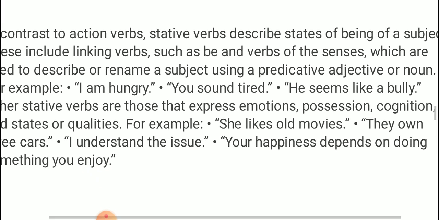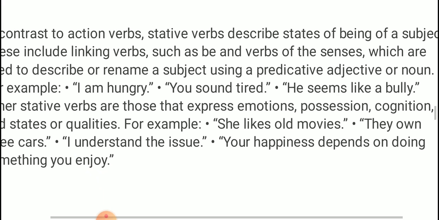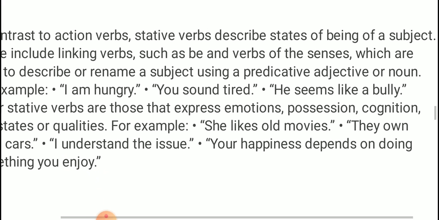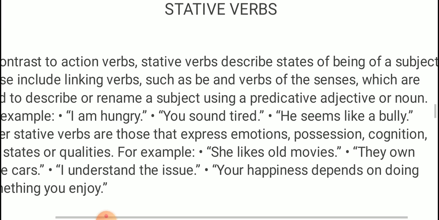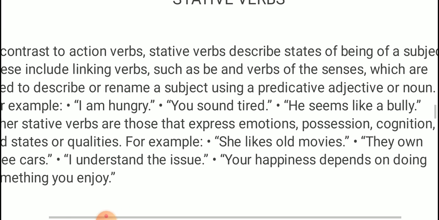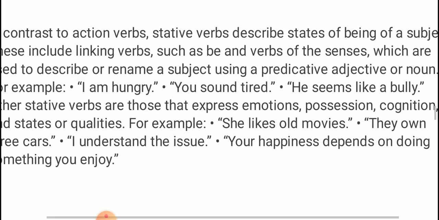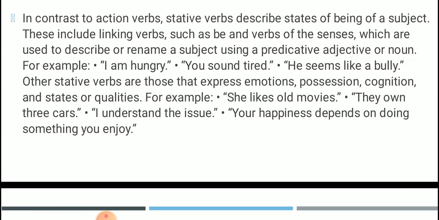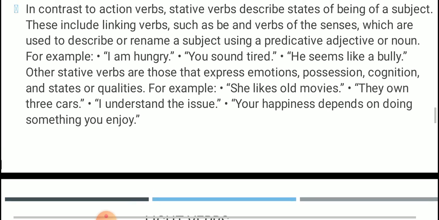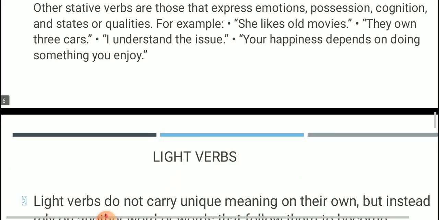It has the same structure. You is the subject, sound is the auxiliary verb, and tired is a kind of stative verb because it shows the state of being of anything. Then there are also many other sentences here which have the same structure and can be used as the same example.